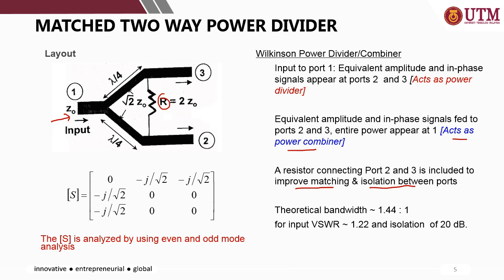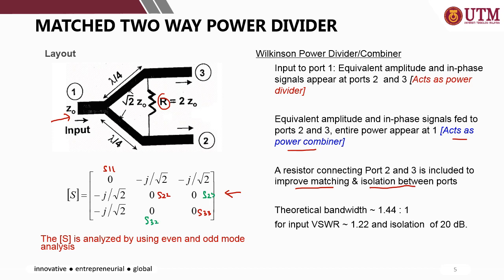The S parameter, or the scattering matrix, for the Wilkinson power divider is given as follows. In this case, it is a 3-port network. So for the matched condition, S11 equals S22 equals S33 equals 0. And as the system provides perfect isolation, port 2 is completely isolated from port 3 and the other way around, so S23 and also S32 equal 0.